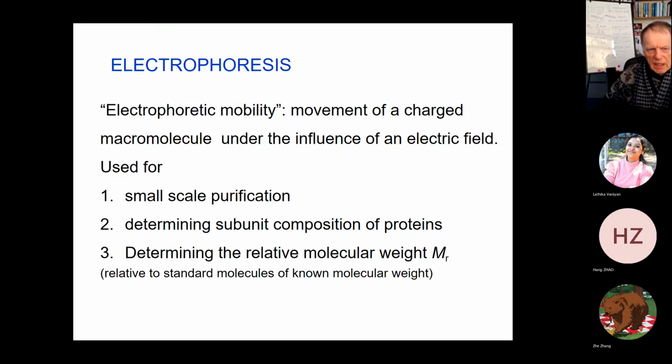Electrophoresis, electrophoretic mobility, is simply the movement of a charged macromolecule under the influence of an electrical field. So if you have a solution of macromolecules, and they possess charges, proteins, especially, all proteins possess charge through the charged amino acid groups.